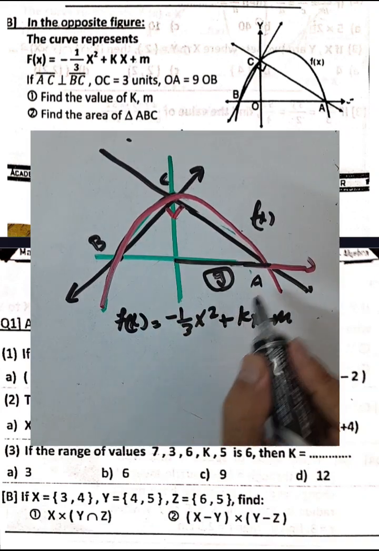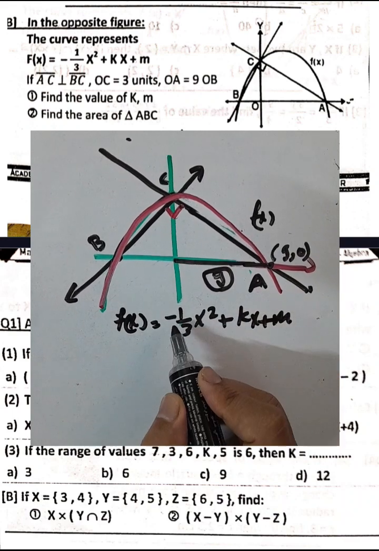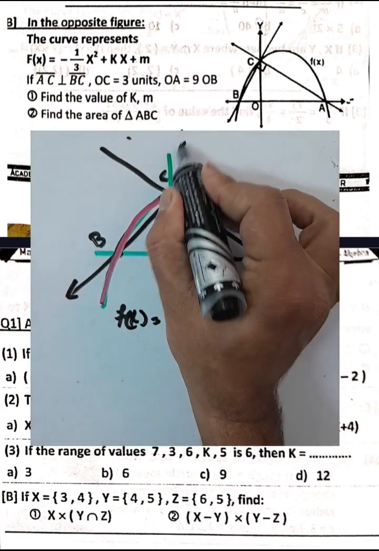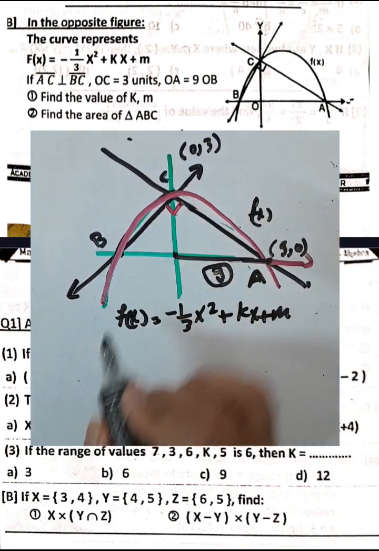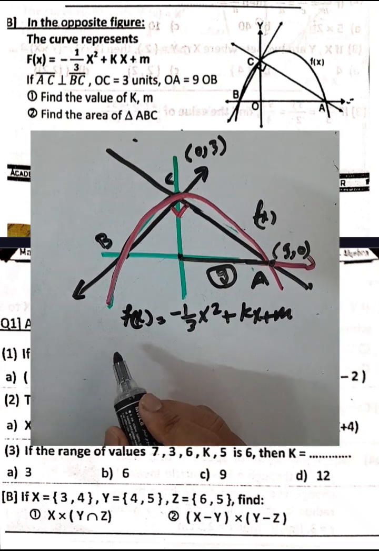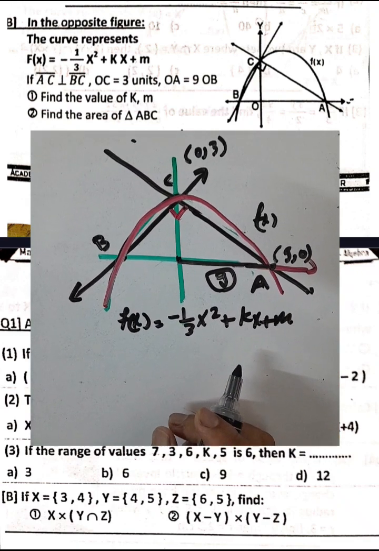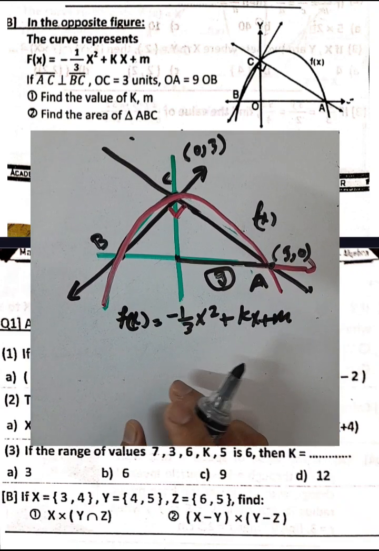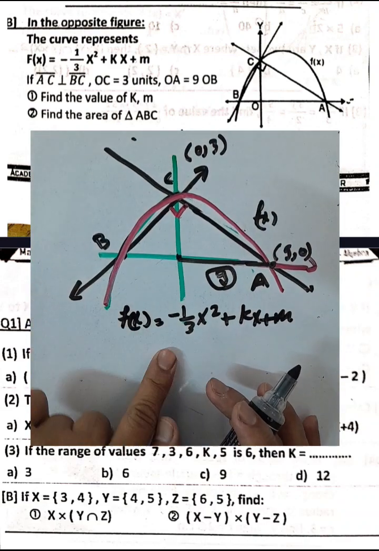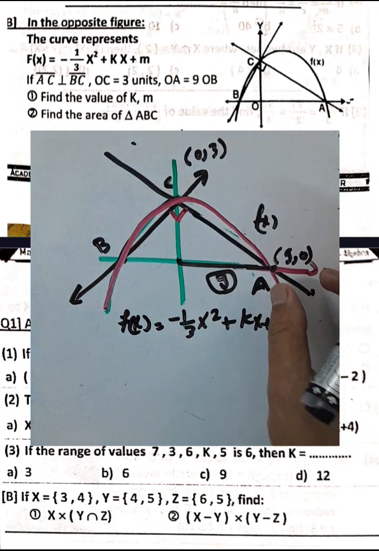Then the point A will be 9 and 0. This point 9 and 0 is A. Okay, and OC is 3 units. Then the coordinates of C will be 0 and 3. We want to find the value of k and m in this relation. We know this point lies on the function, satisfies this equation, because this point lies on the curve.